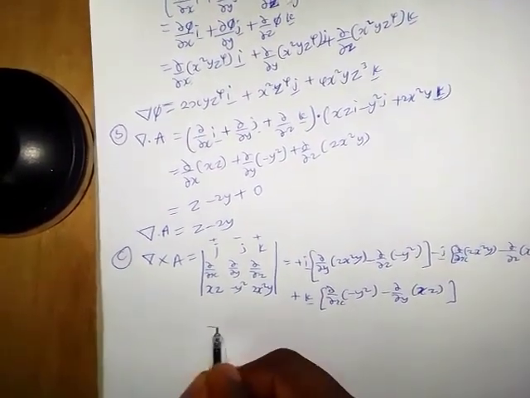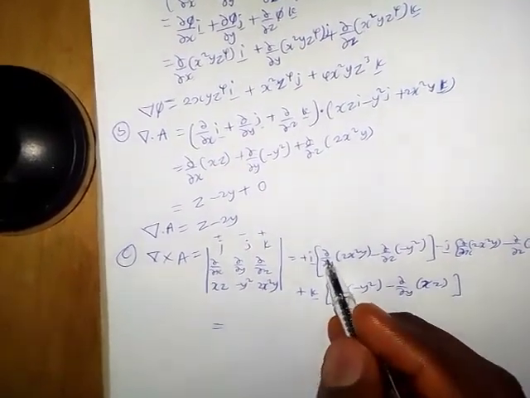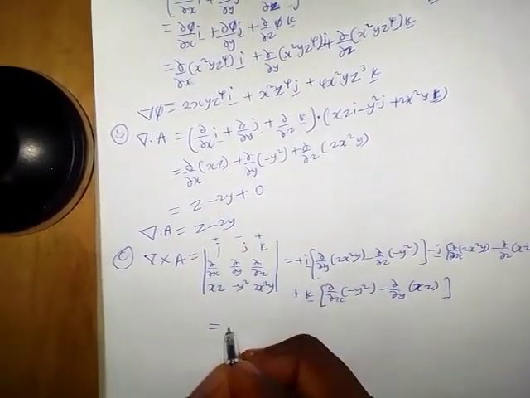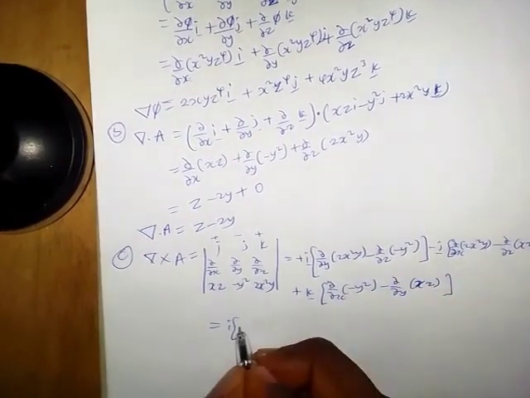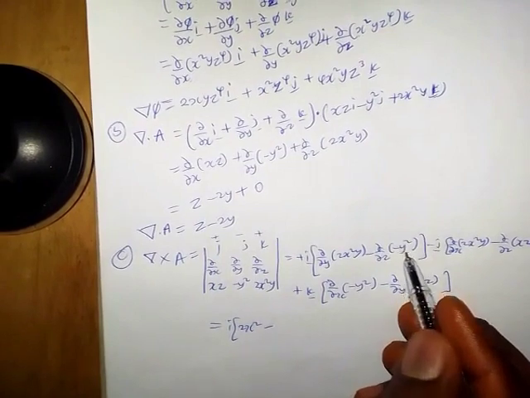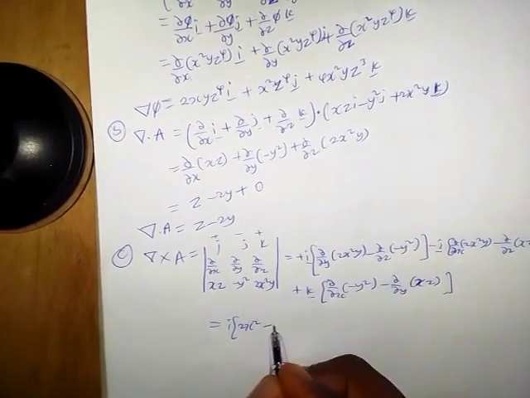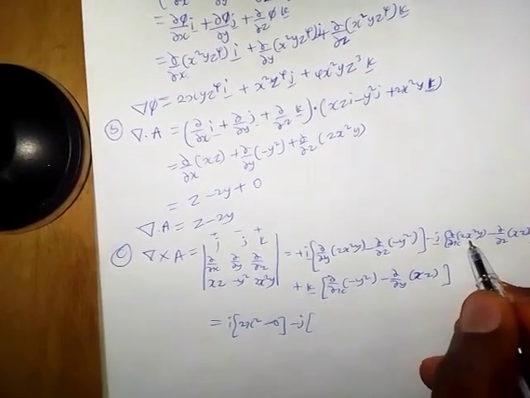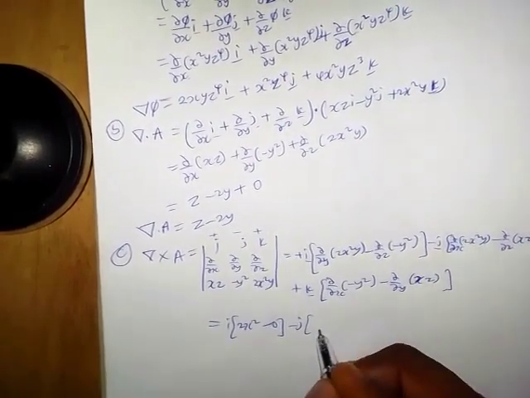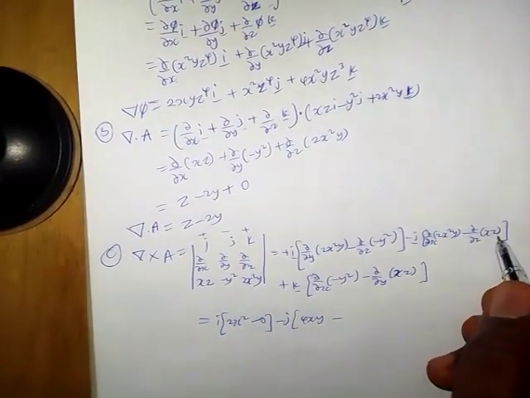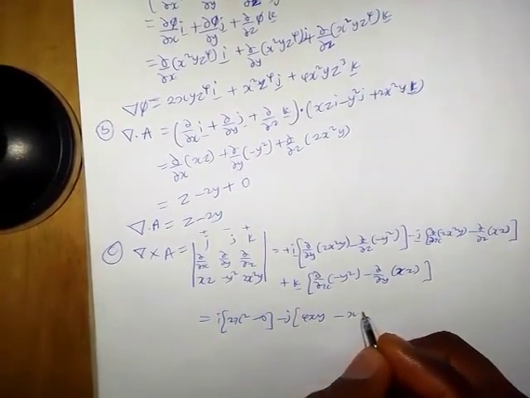So now we can simplify. Differentiating 2x squared y with respect to y, we have i into 2x squared. Differentiate with respect to z here, y squared is constant, so this is 0. Minus j into: we differentiate this with respect to x, we have 4xy, minus we differentiate this with respect to z, we obtain x.